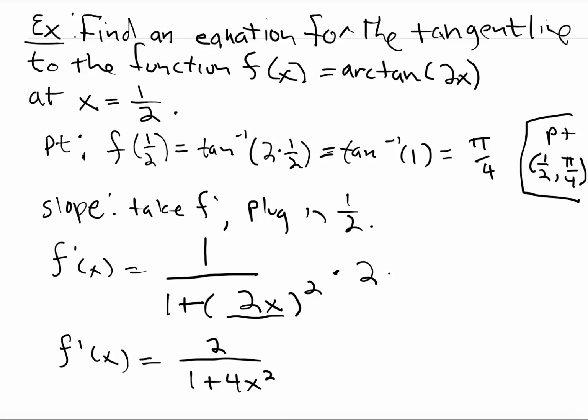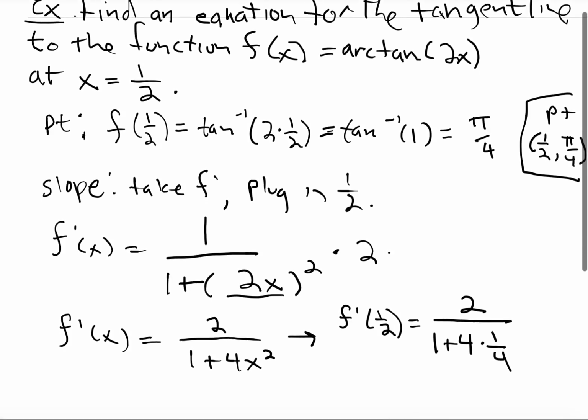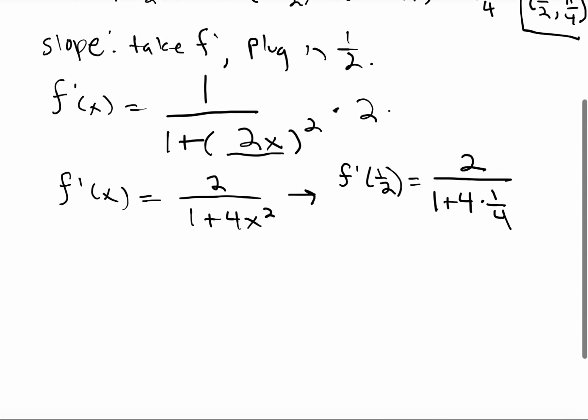So if I'm interested in my slope, we said we had to plug in 1/2. Well, this will be 2 over 1 plus 4 times, well, a half squared is going to be a 4th. Order of operations will have me do the multiplication first.